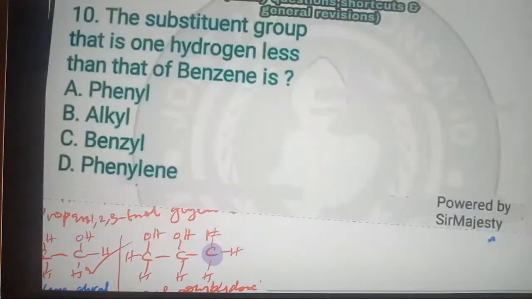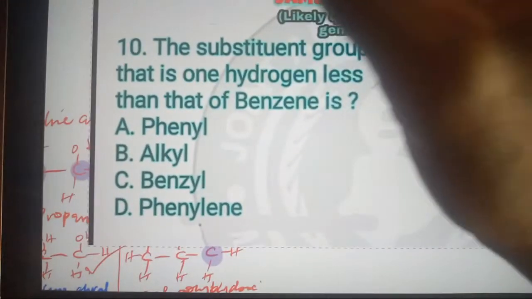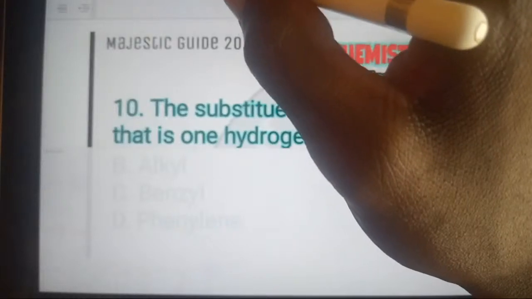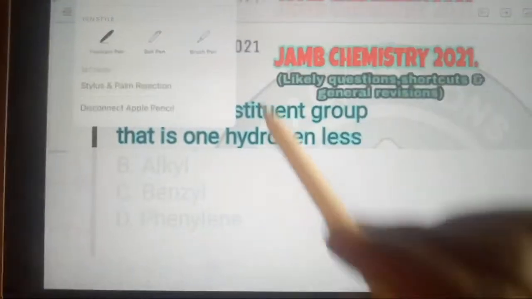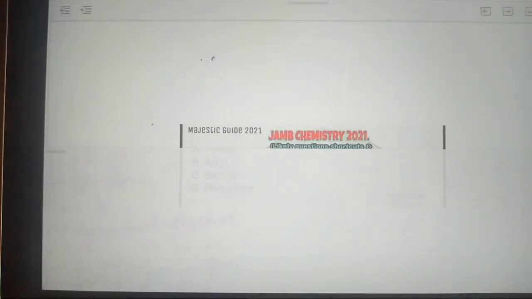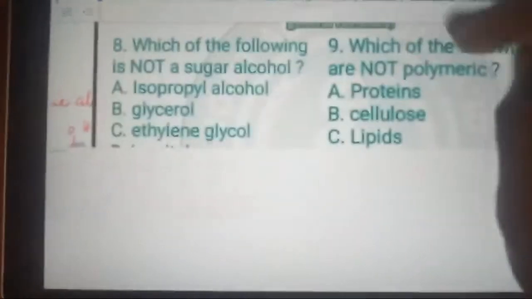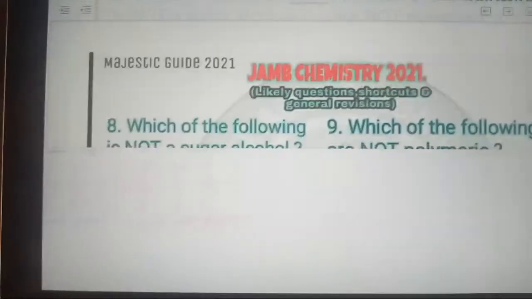Actually, a substituent group is a group that takes the position of hydrogen in an organic compound.